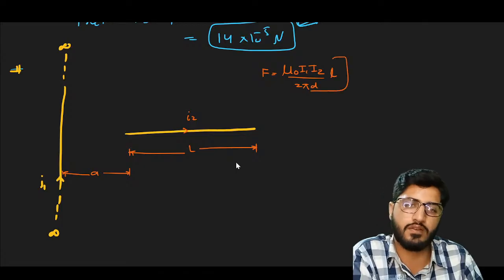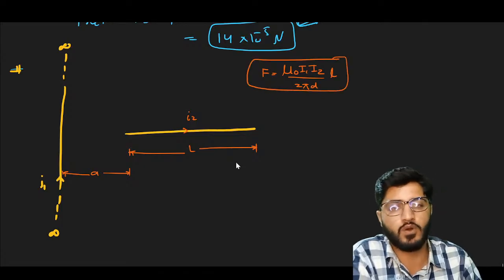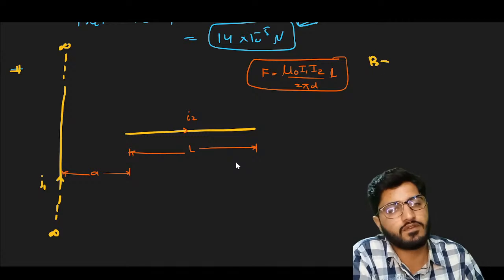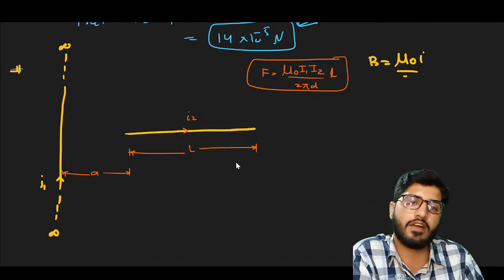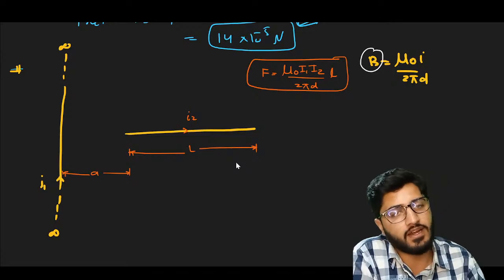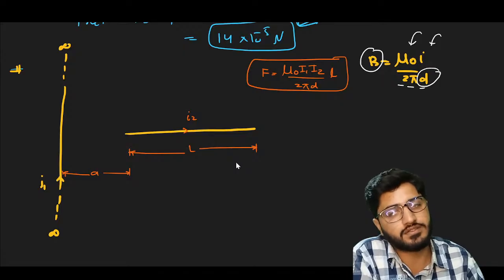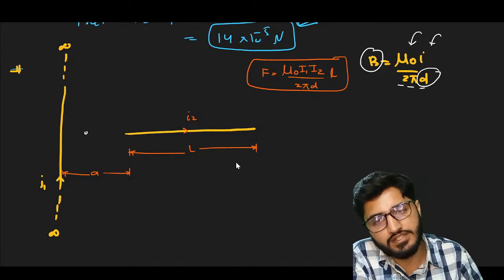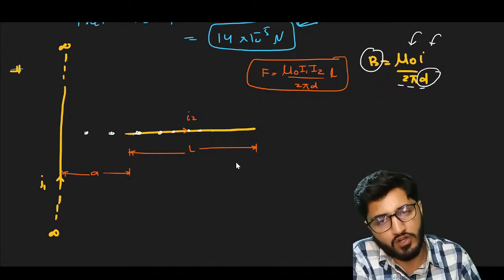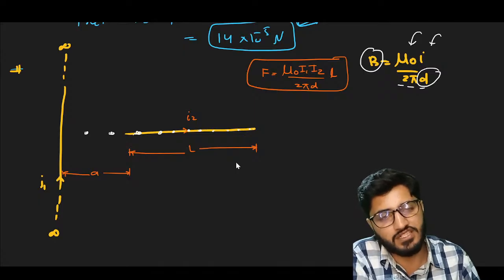Do you know why? Look, beta. What is B? Is it mu naught I divided by 2 pi d? Yes, sir. That means magnetic field depends on mu naught, current, 2 pi and d. It depends on distance. Look here, distance is different. On every point on this line L, my distance is different.